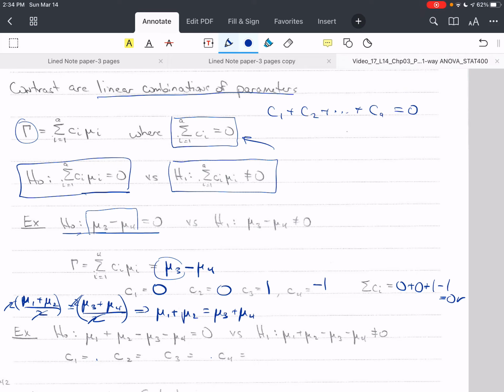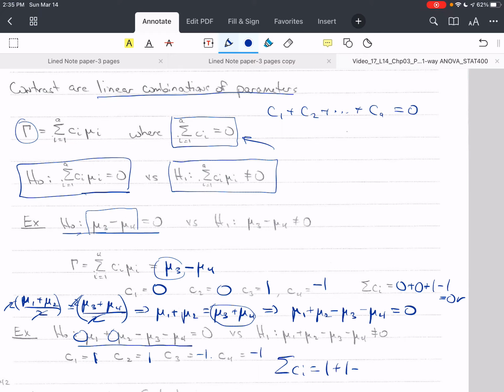Now I subtract these from both sides, which gives me mu1 plus mu2 minus mu3 minus mu4 equals 0. And I have a contrast, and that is what we have here. So C1 is 1, C2 is positive 1, and then negative 1 for C3 and negative 1 for C4. Again, the sum of the Ci equals 1 plus 1 minus 1 minus 1 equals 0.